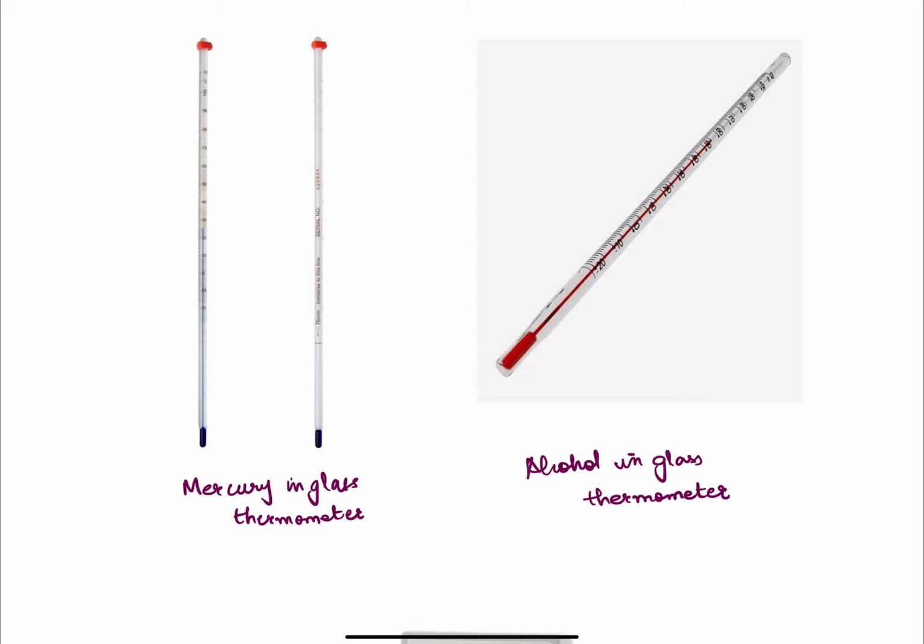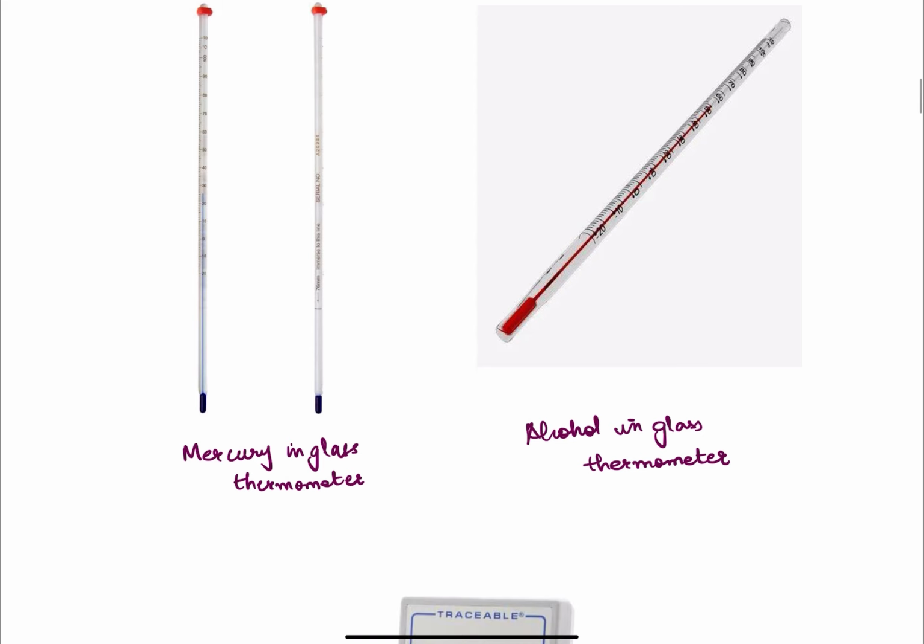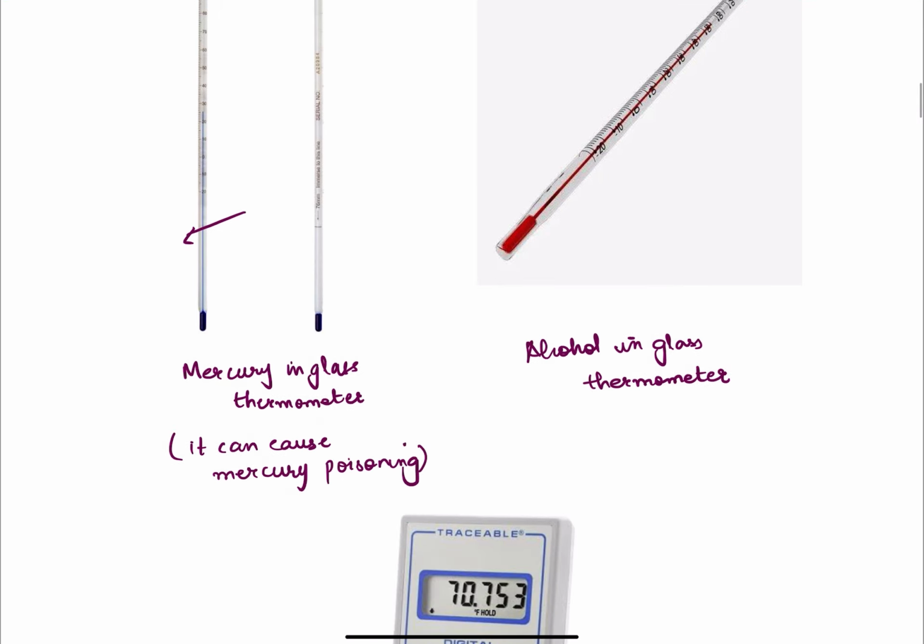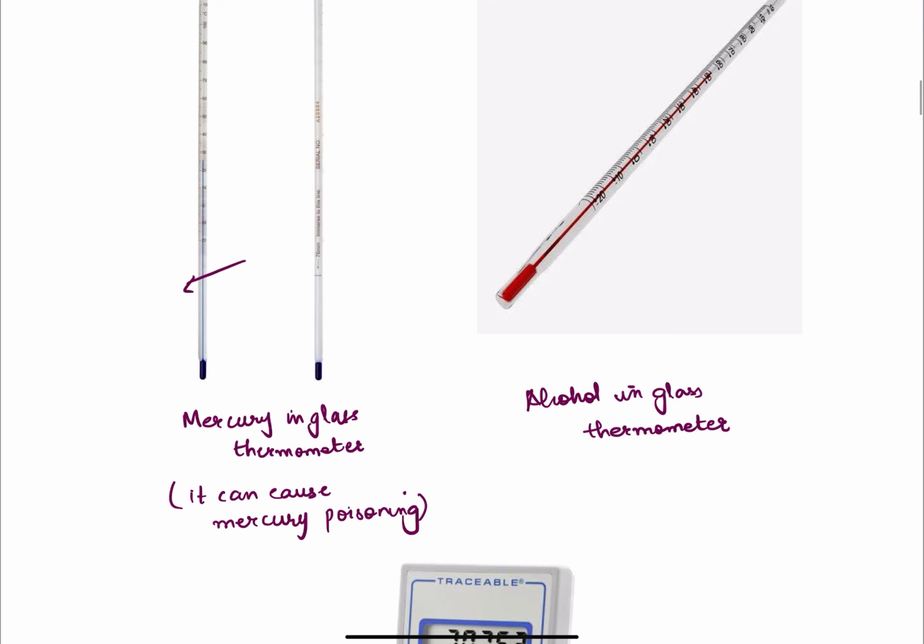However, the disadvantage of the mercury in glass thermometer is that if the glass breaks, the mercury will leak out and it can cause mercury poisoning. The mercury would be on your hands. So to avoid that, we don't use mercury in glass thermometers.